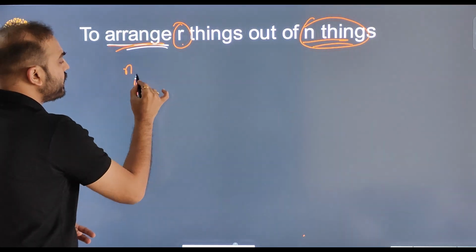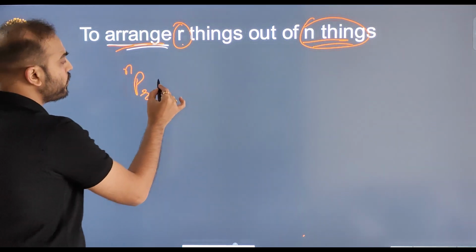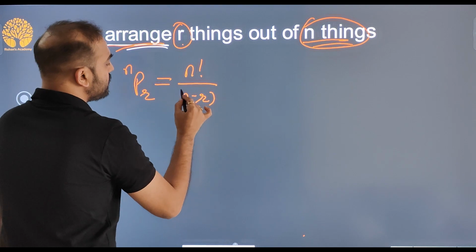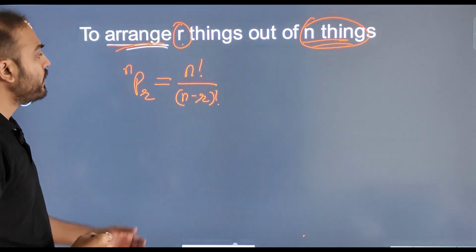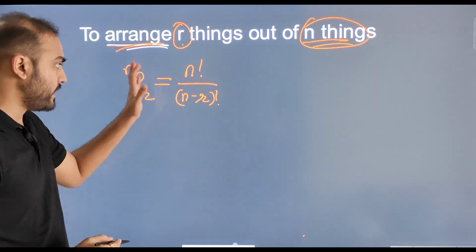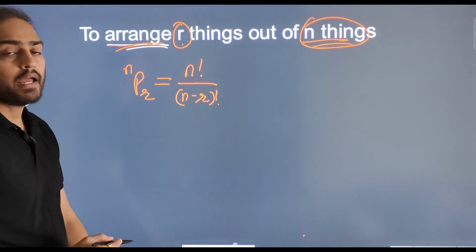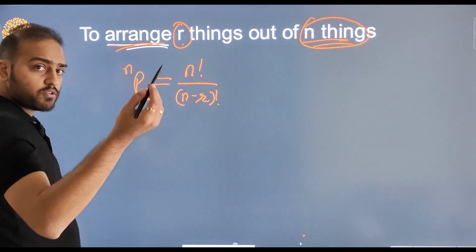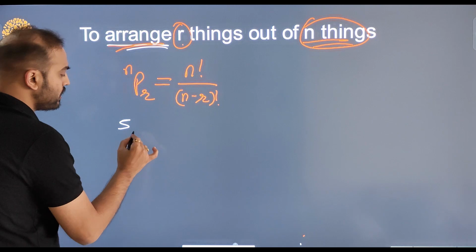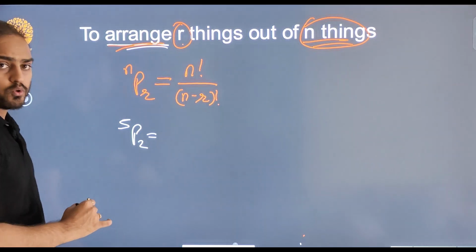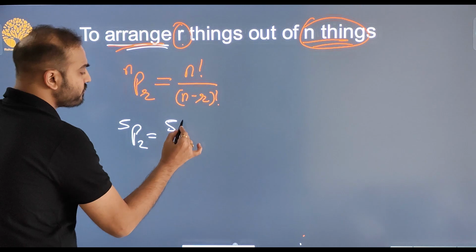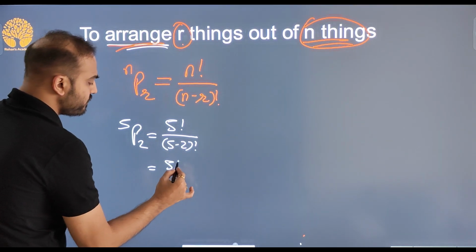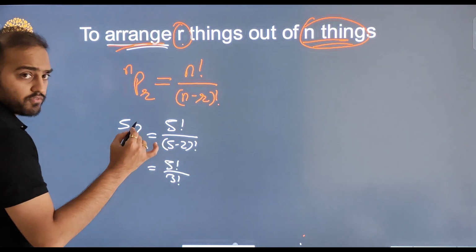So then we do nPr, which is n factorial by n minus R factorial. If you look at the previous question where we had 5 students, but we wanted to give a prize only to 2, the answer becomes 5 factorial by 5 minus 2 factorial, which is 5 factorial by 3 factorial.